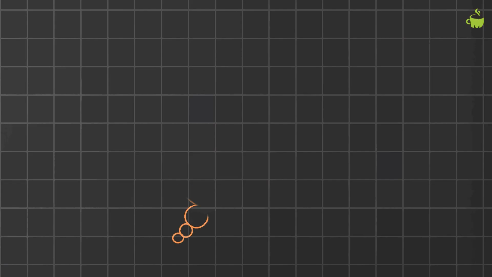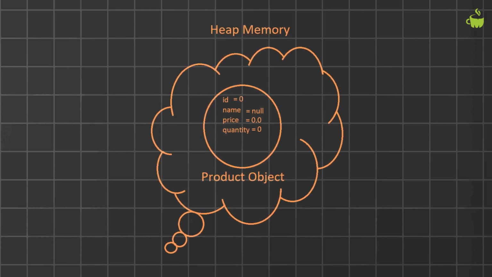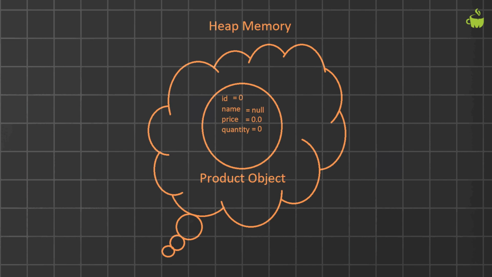Now when the object gets created on heap, by default all the properties of that object also get created on heap. Example, in our case, the id, name, price, quantity will be stored on heap. Because they're stored on heap, by default they'll be initialized to default values depending upon the data type.